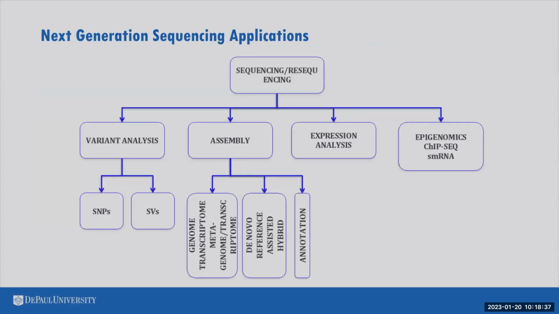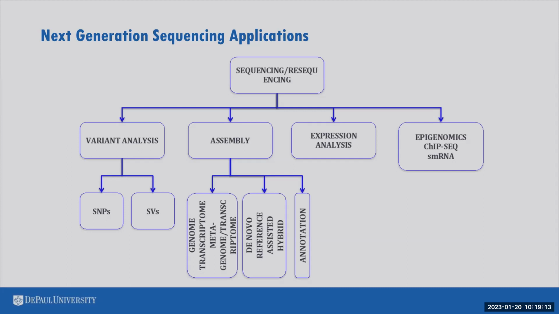When I was at the National Center for Genome Resources, for almost a decade, most of the projects involved next generation sequencing applications, looking at small scale SNPs, single nucleotide polymorphisms, and also large scale structural variations, such as insertions and deletions. Computationally, there are two main analyses.